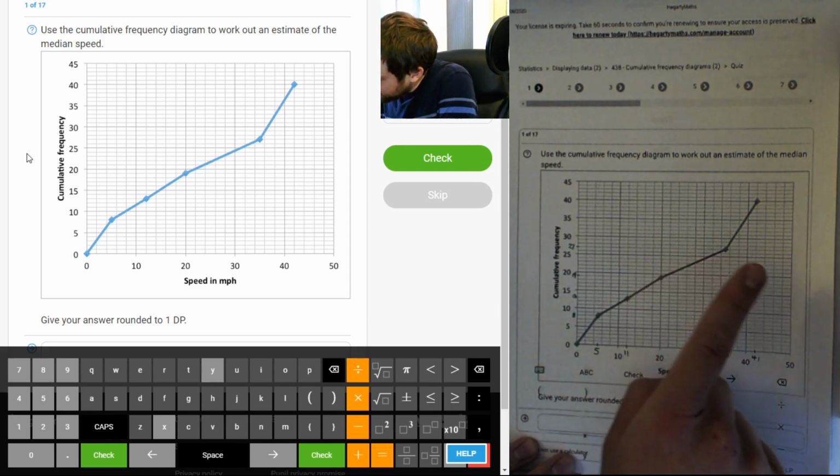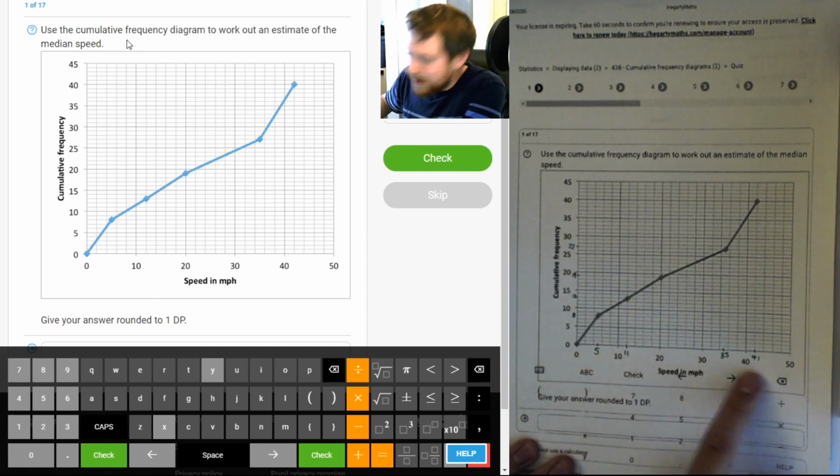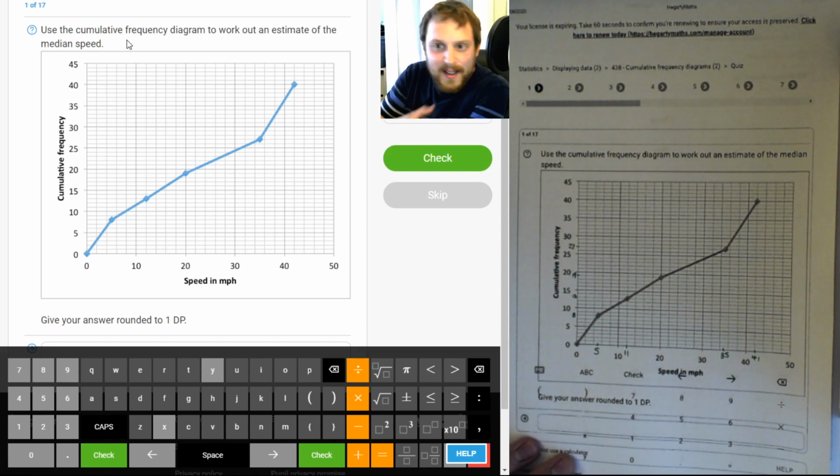So it doesn't give you any kind of context about where the data came from. This must have been a bunch of cars, I would guess. I mean, it could be anything, right? But these are the sort of speeds a car might do. And it's asking about the speed.